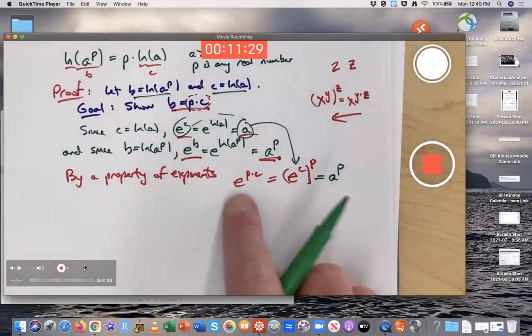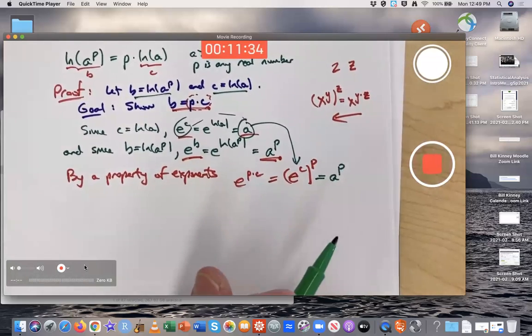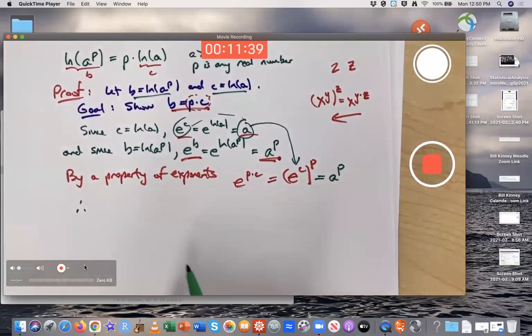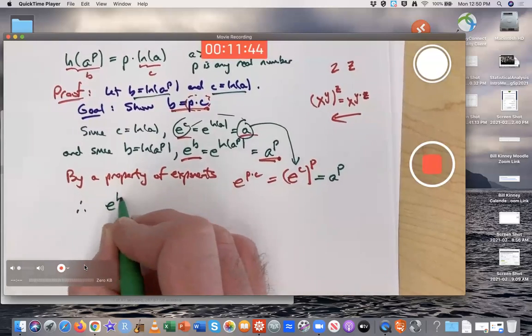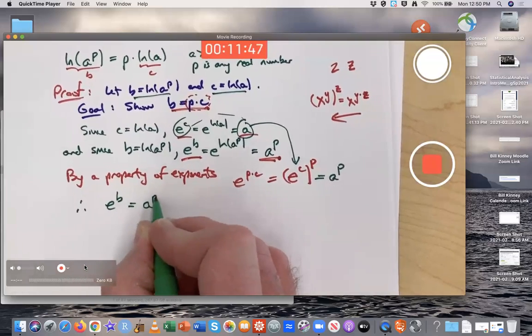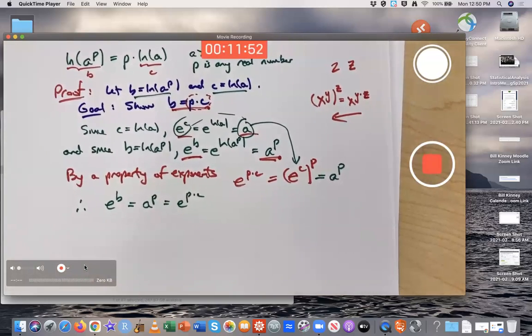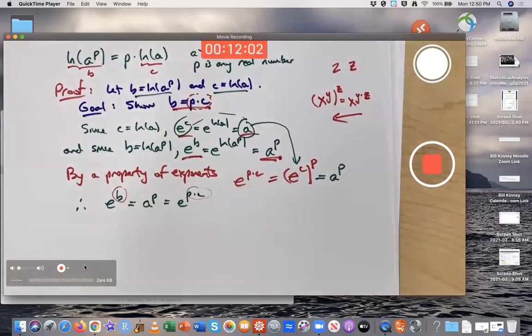I wanted to show this was equal to a to the p, equal to the same thing there. Are we done? Essentially, three dots means therefore, if you want to use a shorthand. Therefore, e to the b is a to the p, but that's also e to the p times c. Our goal is to show b equals p times c. This looks like we should be able to do it, doesn't it? Can we cancel the e?